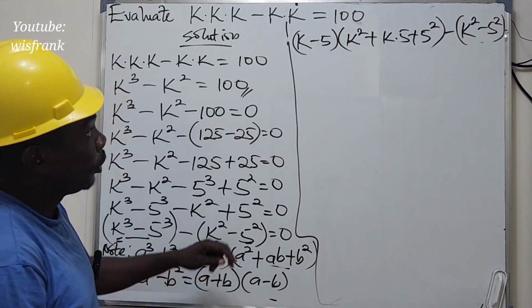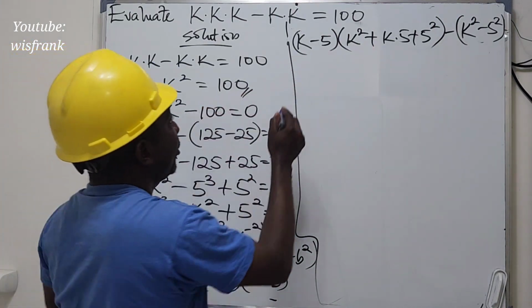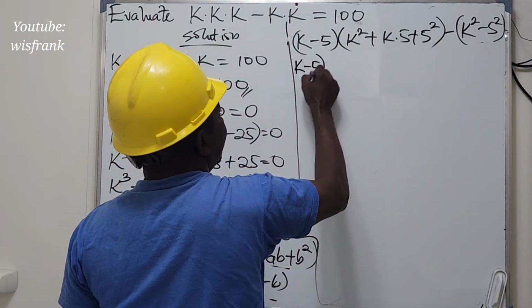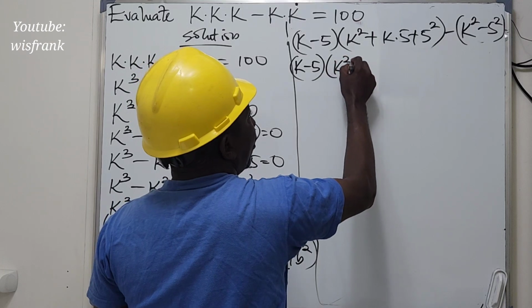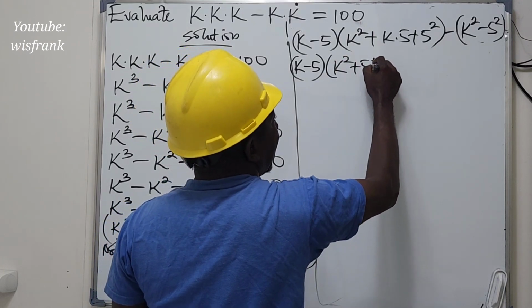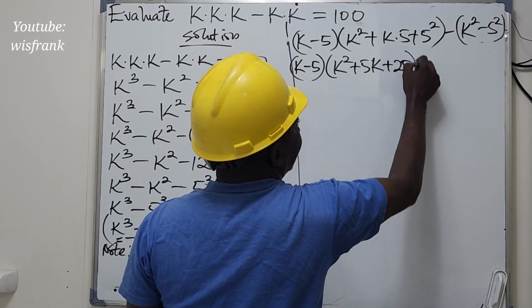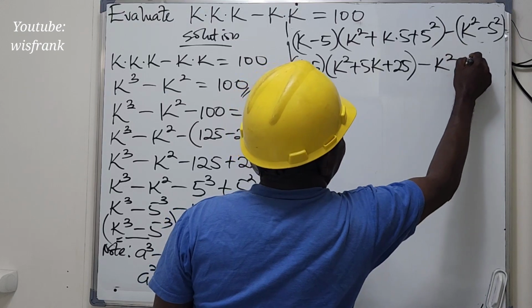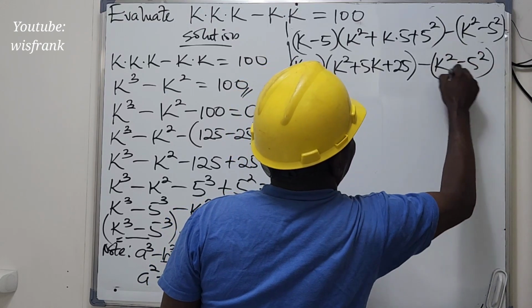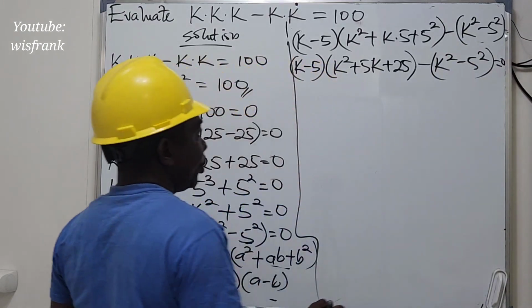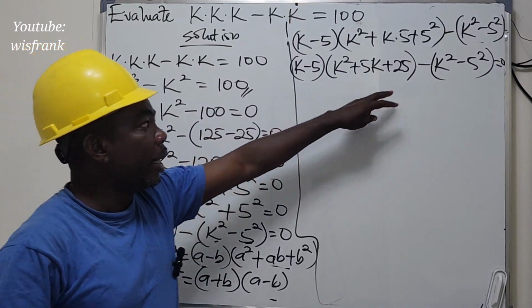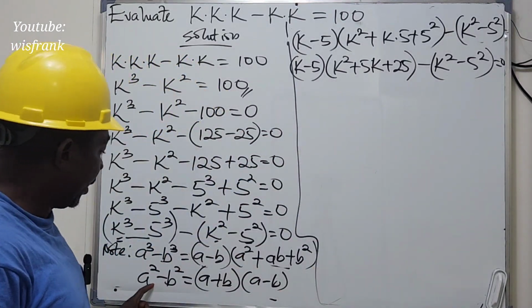So this can be written as k minus 5 all into k to the power of 2 plus 5k plus 25 minus k to the power of 2 minus 5 to the power of 2 all equals 0. Then we are going to express this in this format.